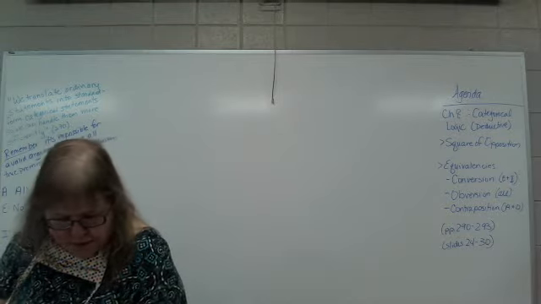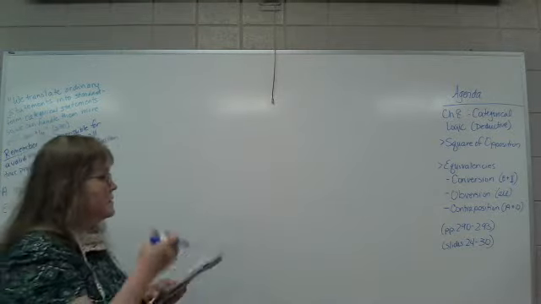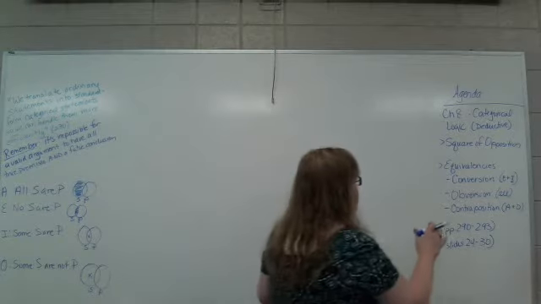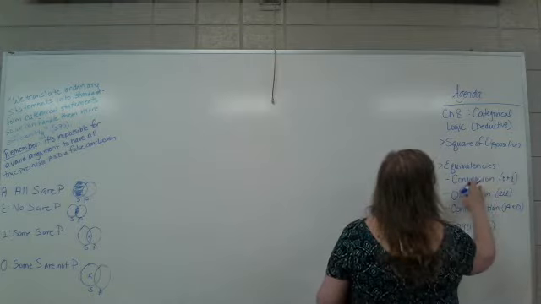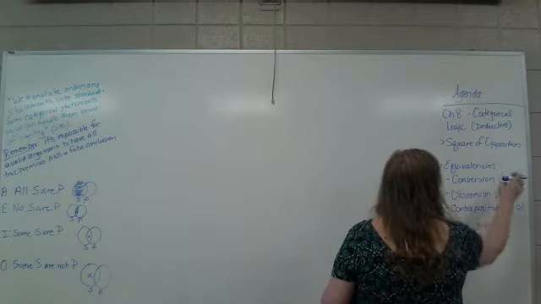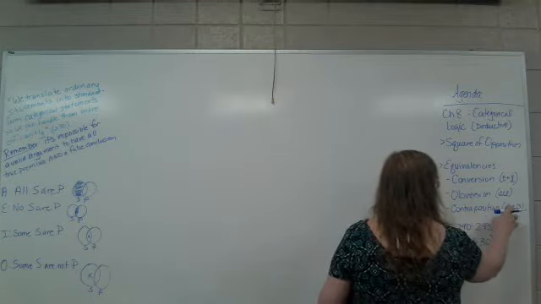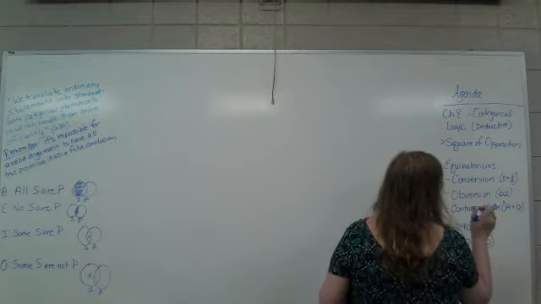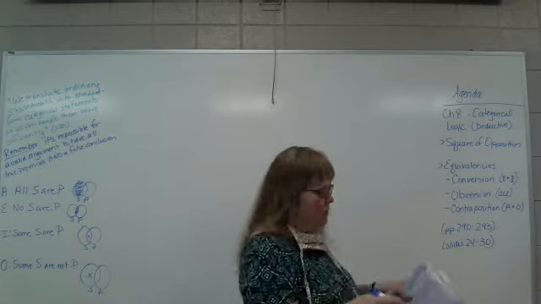And so there are three categorical equivalencies, okay? Conversion, I'm going to show you what those are. And they're equivalent for E statements and I statements only. Contraposition is equivalent for A statements and O statements only. Obversion is equivalent for all four, okay?